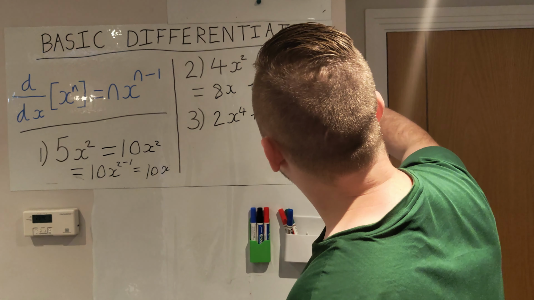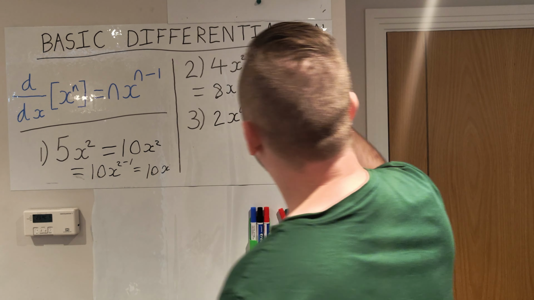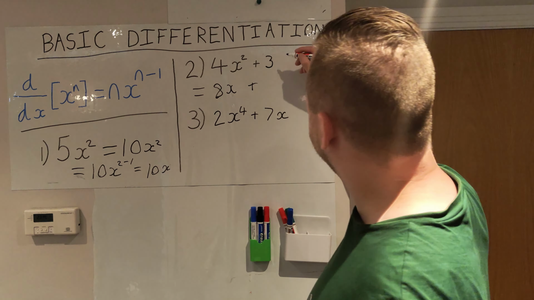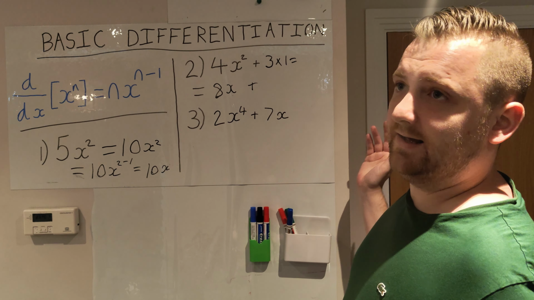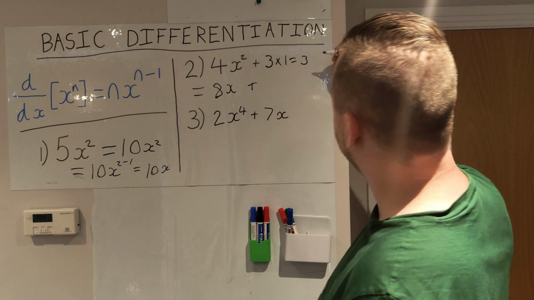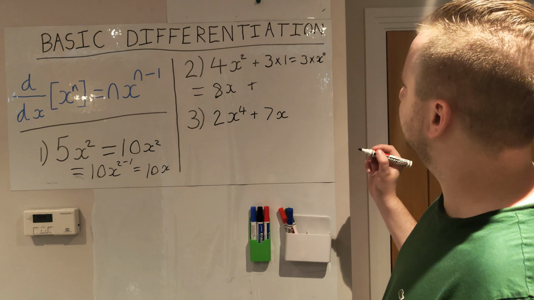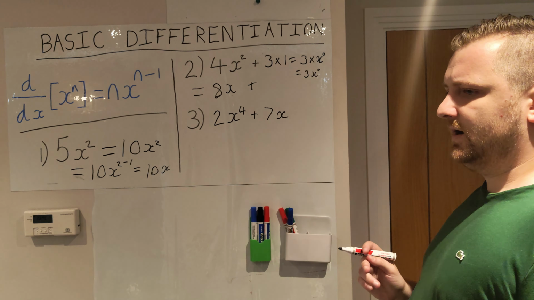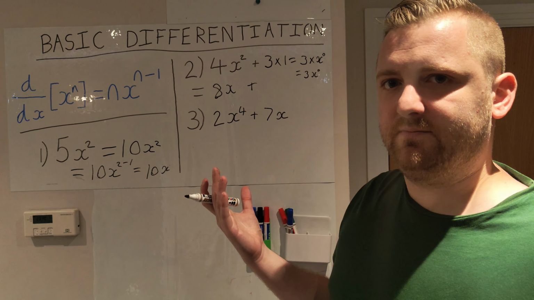So for example, let's say you have the 3 again. What is 3? Well, 3 is 3 times 1. What's 1? Anything to the power of 0. So it's going to be 3 times x to the power of 0, which is equal to 3x to the power of 0. I'm sure there's an official concept for this. This is just my interpretation of it.